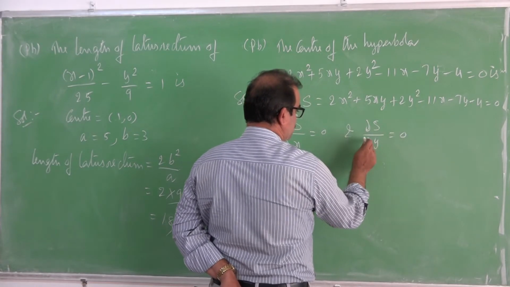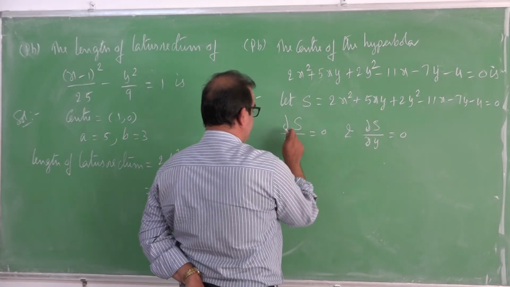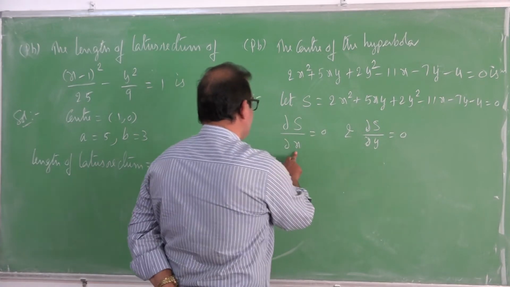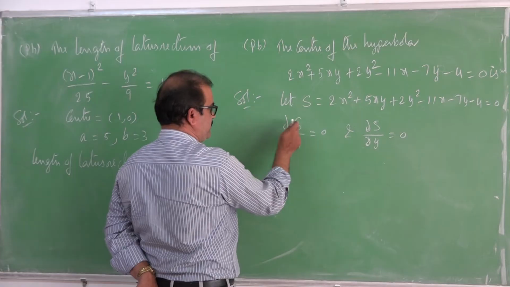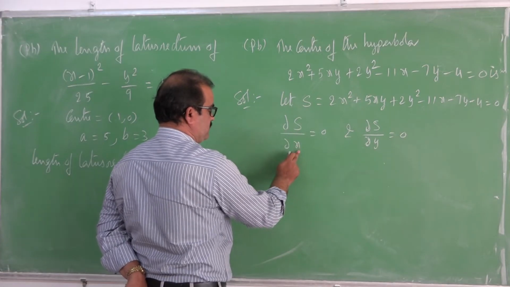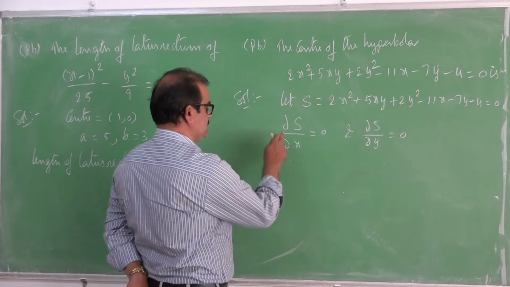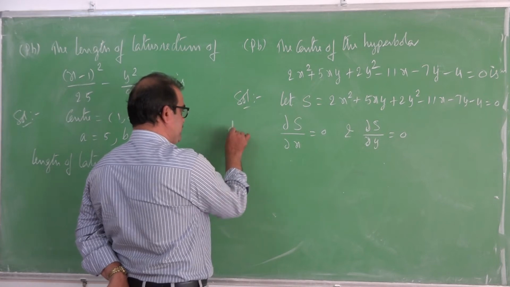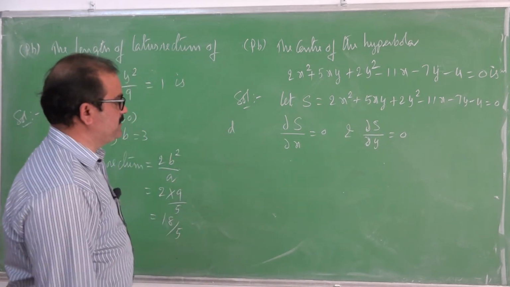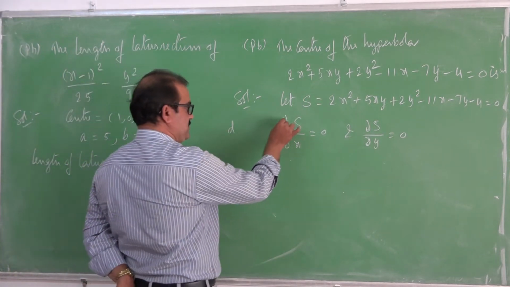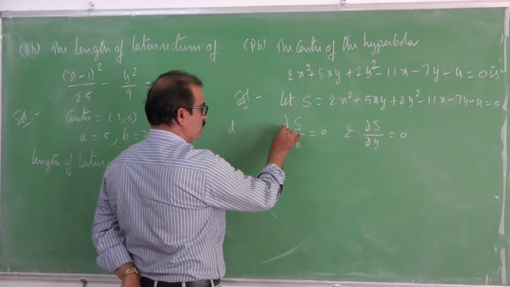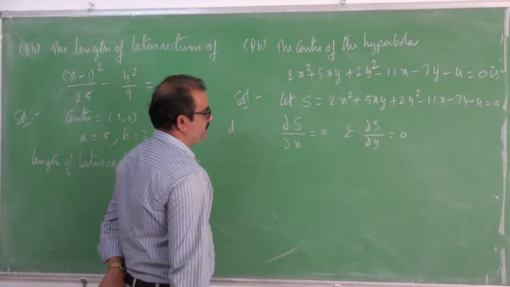Here we see what is meant by dou s by dou x. It is the partial derivative of s with respect to x. Generally derivative is represented by the symbol d. Here partial derivative is represented by the symbol dou.